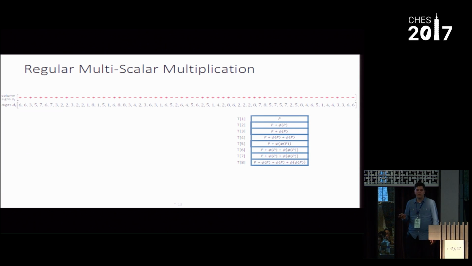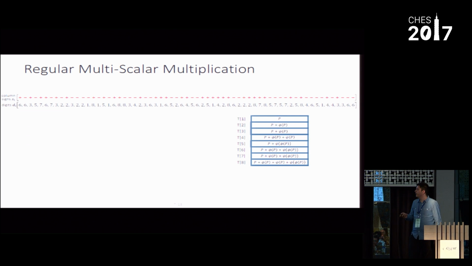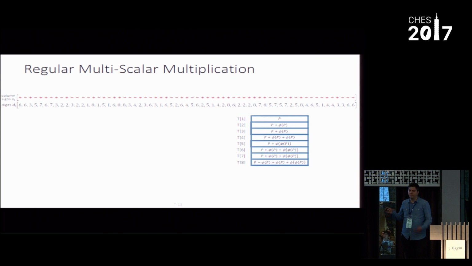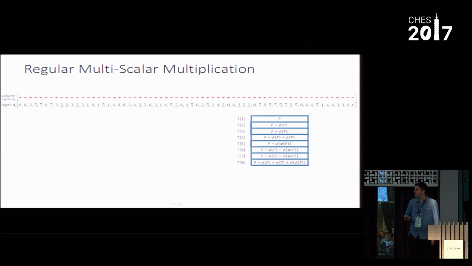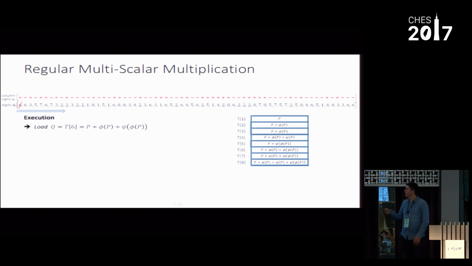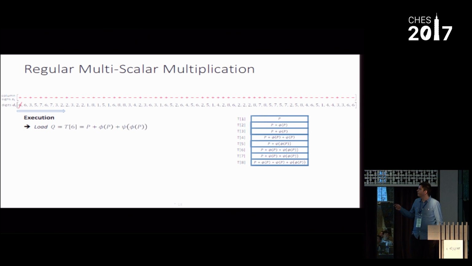So here is how we can use this property to speed up a scalar multiplication. We look at those 3-bit digits with a sign. We actually need only 8 points for the table. Usually we would need 16 points for 4 bits, but here we can use just 8 points because of this property. And this is how the scalar multiplication runs. We always start by computing a point Q, and we look at the first digit.